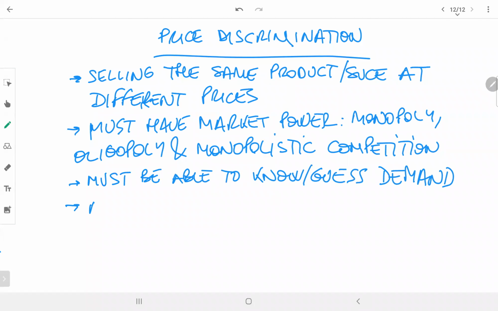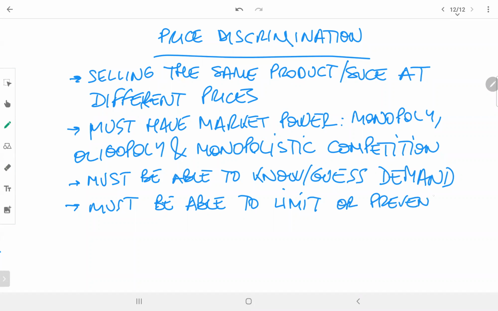And you must be able to limit or prevent resale. Okay? And what's the objective of price discrimination? You may be wondering.